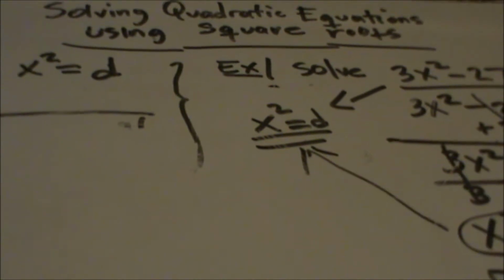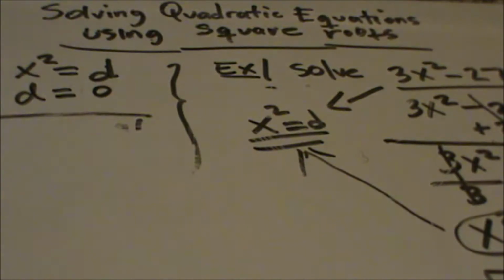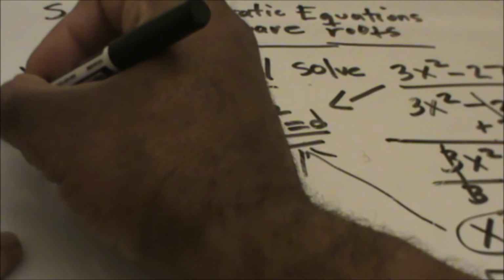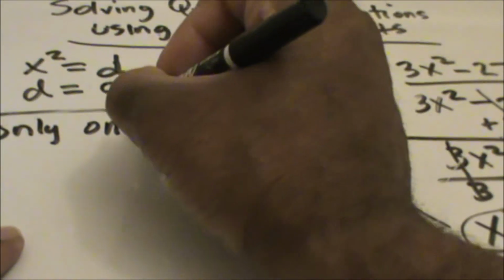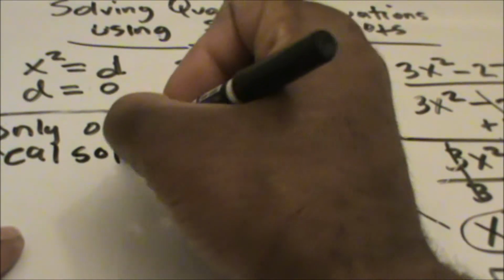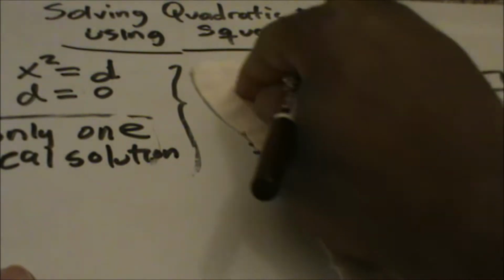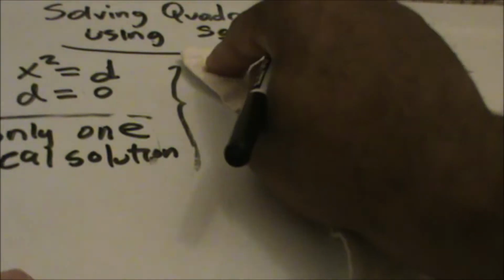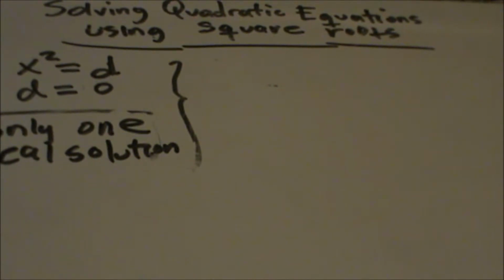So d equals 0, there exists only one real solution. In this case, whenever the value d equals 0, there's only one solution.